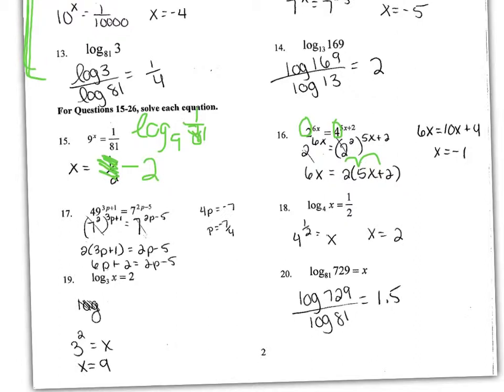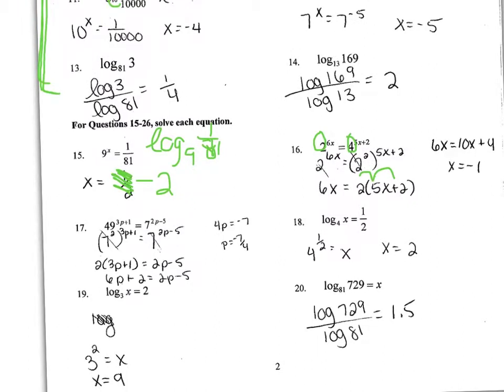Once you distribute the 2, you'll get 6x equals 10x minus 4. Similar to number 17, I made 49 7 to the something, and in this case it was 7 squared. Then I could cancel out my 7s and go from there.